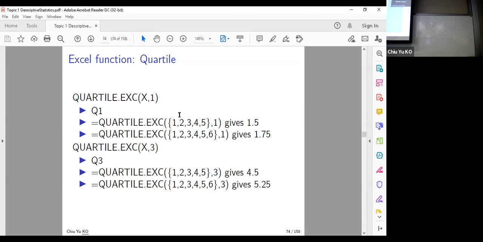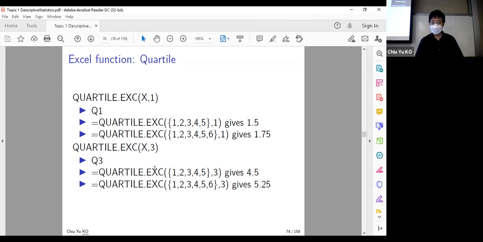Why exclude and include we don't really care, but the exclude actually fits what we taught in the class. This is exactly the formula we learned, method 3. Quartile data 1 is Q1. Quartile exclude 3 is the Q3.